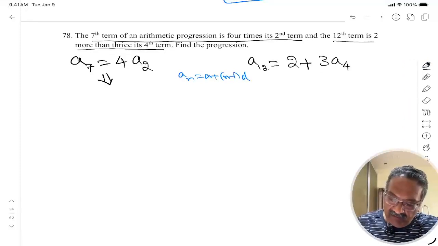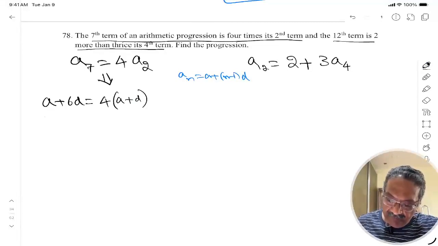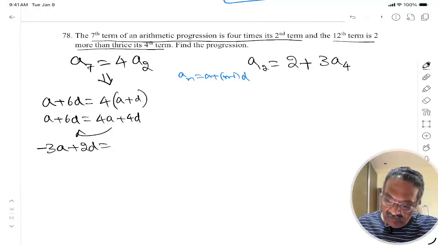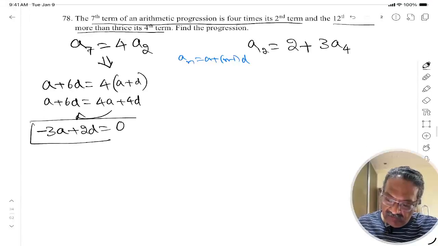From this we get A7 means A plus 6d is equal to 4 times A2 means A plus d. So A plus 6d is equal to 4A plus 4d. If it comes this side, minus 3A plus 2d is equal to 0. This is one equation we get.